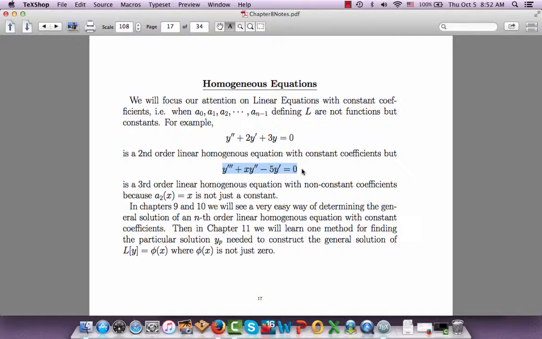It's homogeneous because the right-hand side is 0, but it does not have constant coefficients because the second derivative term has an x coefficient, a functional coefficient that changes depending on what x is. So this is a third order linear homogeneous equation, but we can't say any more. It doesn't have constant coefficients.